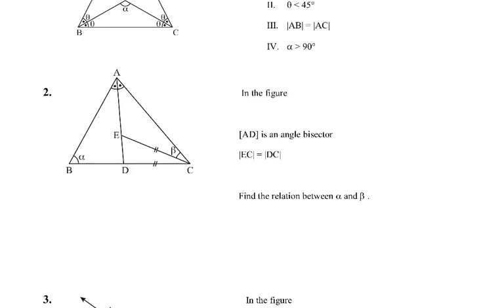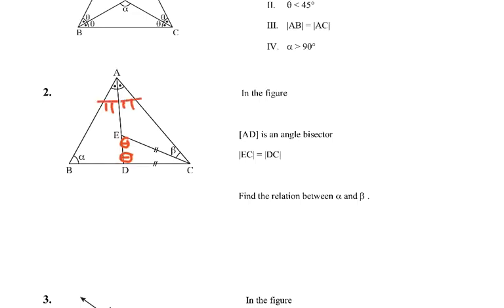Okay, in question 2 then, we can label these two angles as theta, each one. Can also label this angle as the Greek letter P. And then let's see what relationships we have.